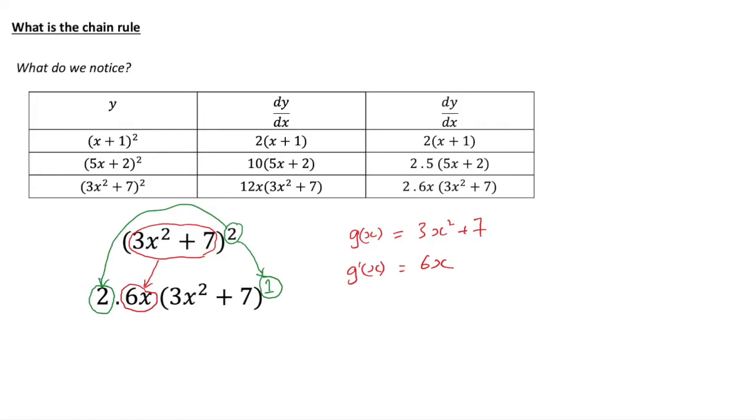Now, the bracket is whatever's inside the bracket squared. So that means our outer function is f of z, where I've put z so that z stands for something other than x. Obviously it's still true for x, but in this situation we don't have x in the bracket, we have g of x in the bracket.